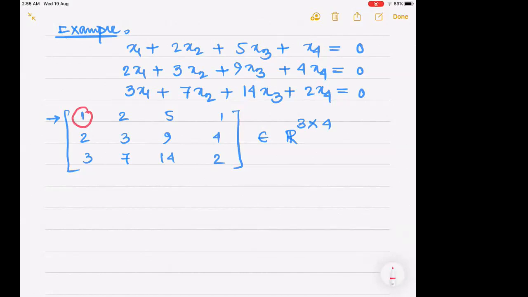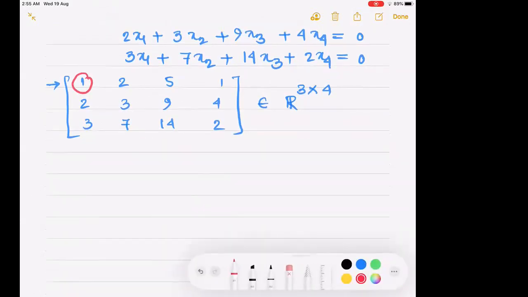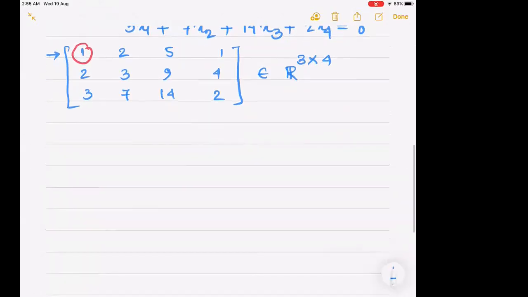With this pivot, I'm going to do the following row operation. The first row operation is to replace row 2 by row 2 minus 2 times row 1.